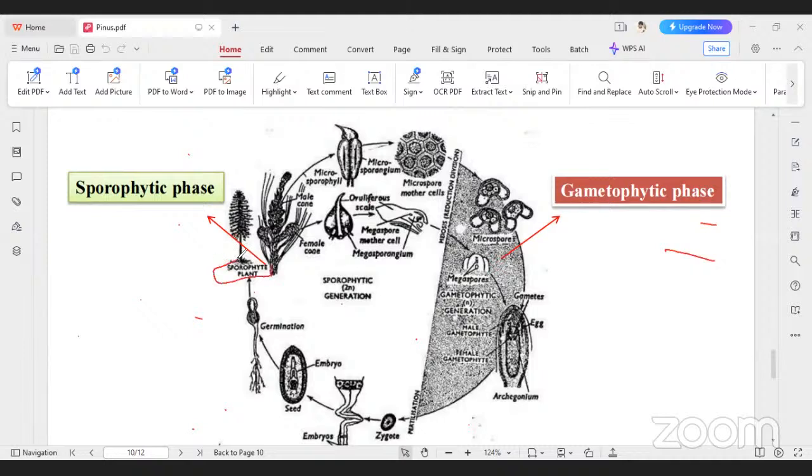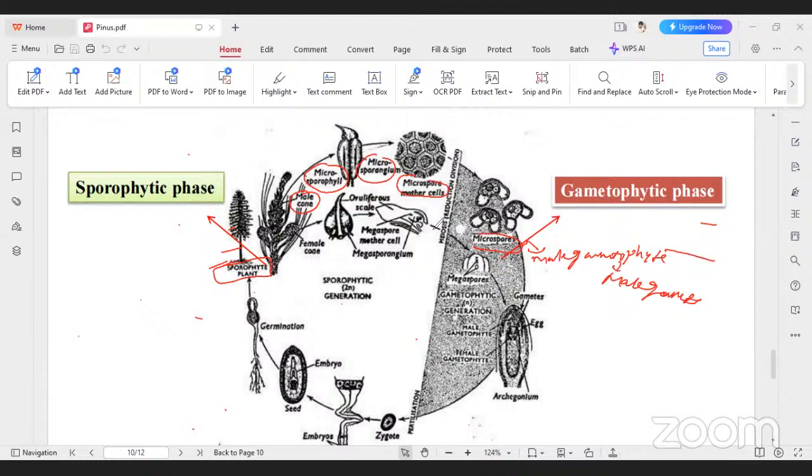We started the class with the sporophytic plant body parts: root system, stem, leaf, and reproductive parts, the male cone and the female cone. The male cone is made up of microsporophylls. Microsporophylls have microsporangia, which produce microspores. The microspore further develops into the male gametophyte, which produces male gametes.